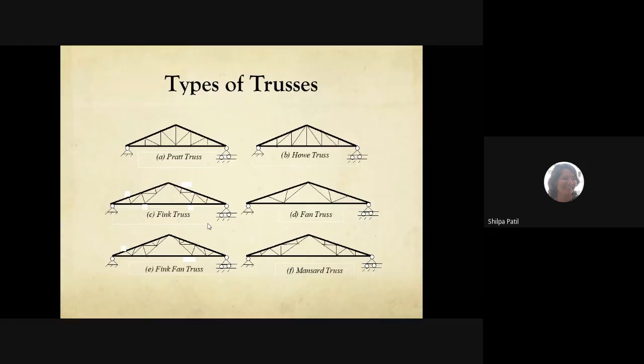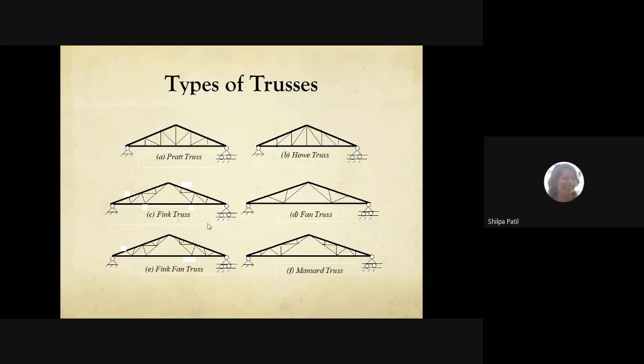So can anybody quickly define what you understand by a determinate structure? And for which the equation satisfies m equals 2j minus 3. This is with respect to truss you are talking. Yes, ma'am.